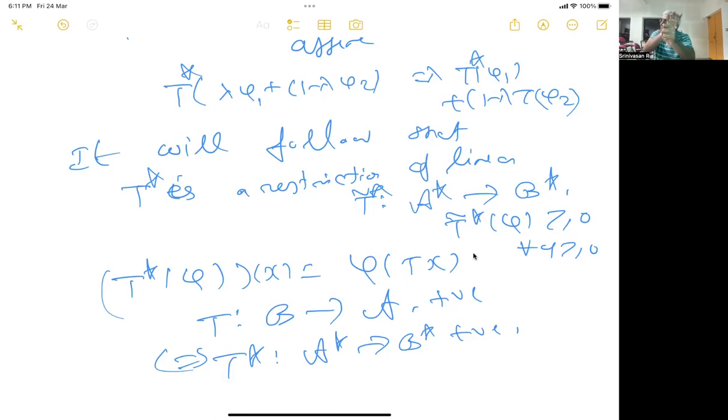But you want to operate on one system, and still you want it to be positive. It will not continue to be positive when you consider the giant system and operate on one of them. If you have T, then you have to talk about T tensor 1 on the bigger, amplified system. T tensor 1 need not be positive if T is positive, because of these entangled things.